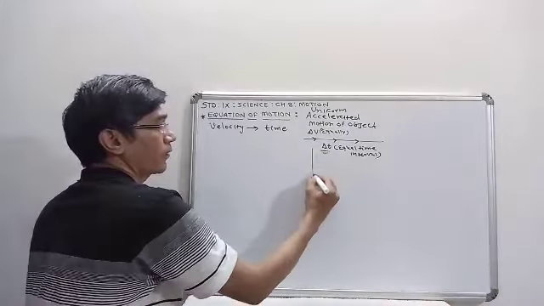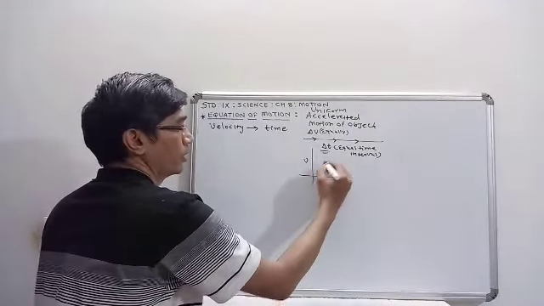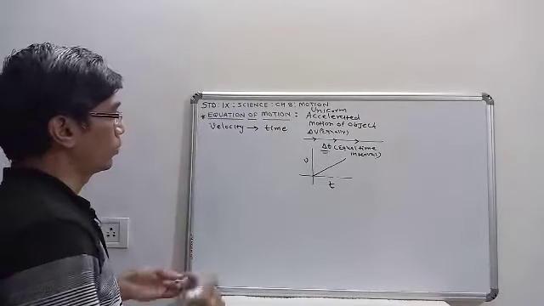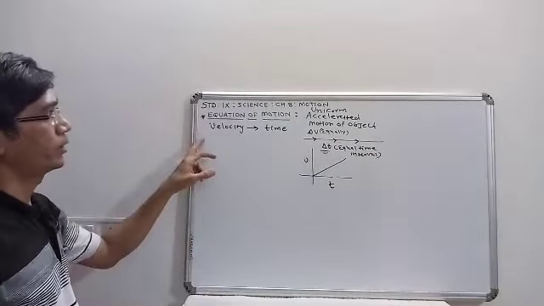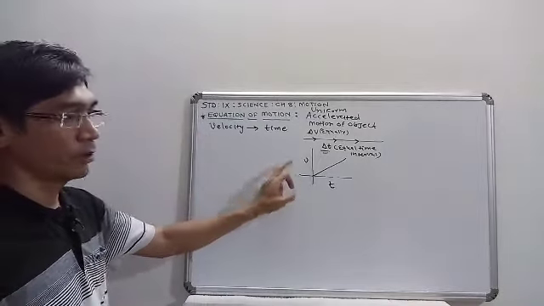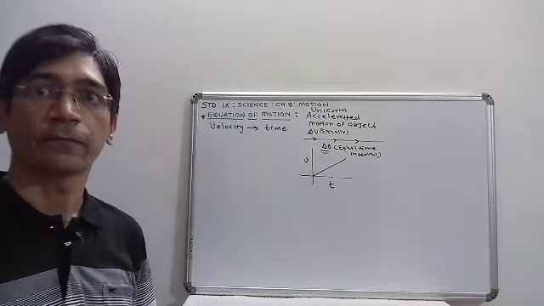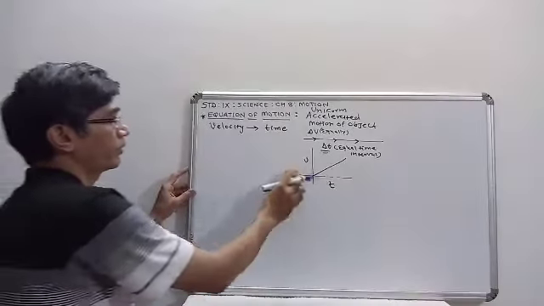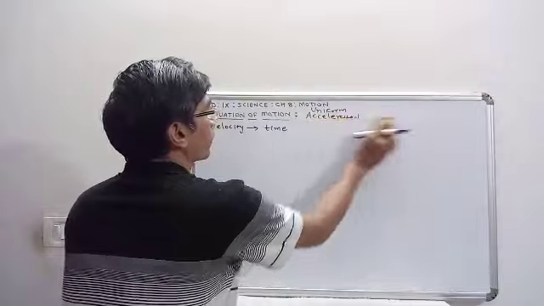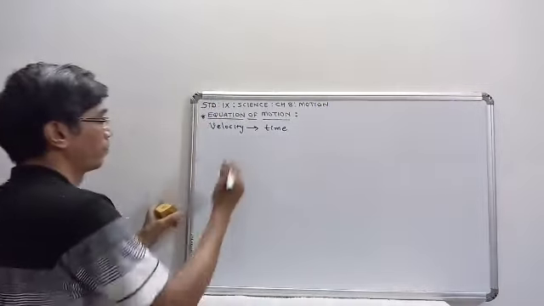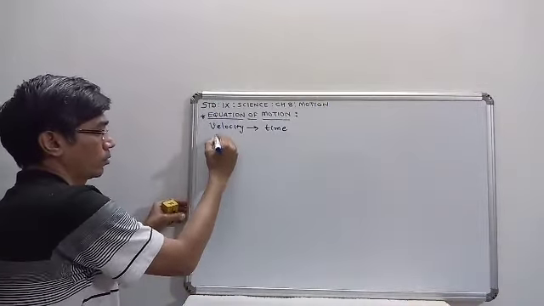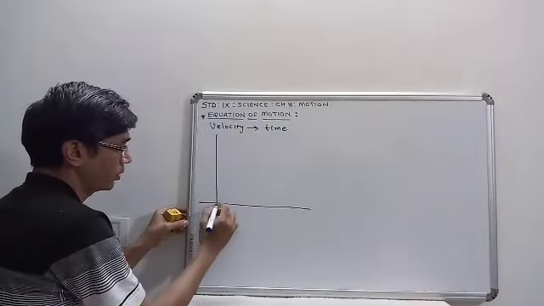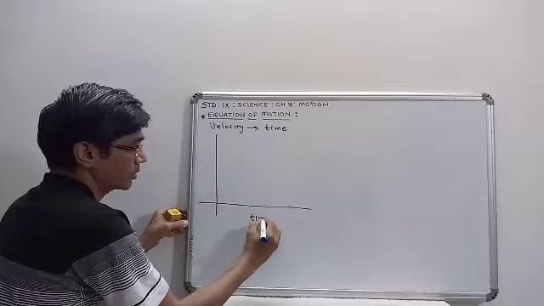We have taken a graph like this also for v versus t. Now today we are taking the equations of motion from the velocity versus time graph. Here the time is given on the x-axis.